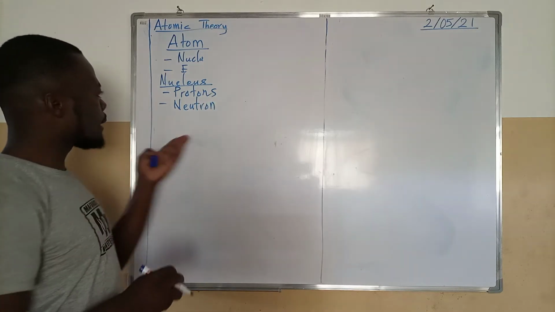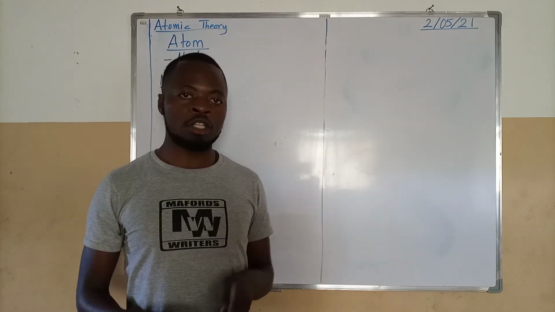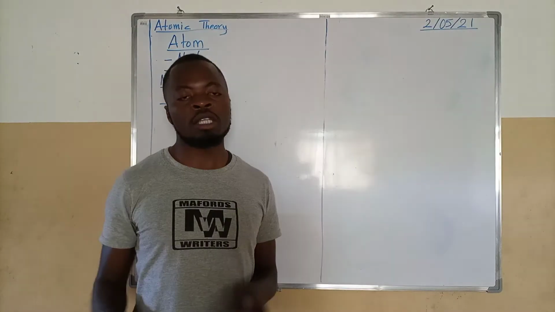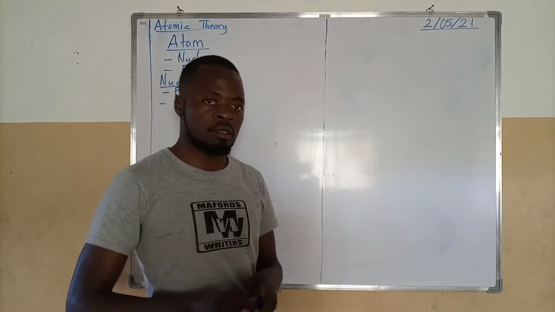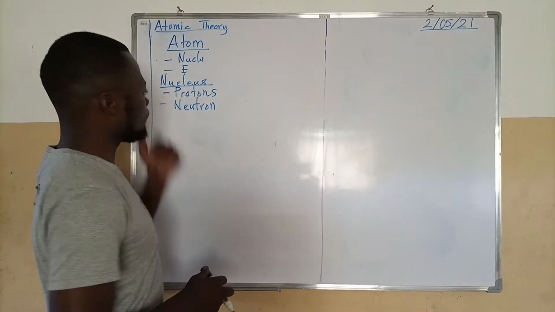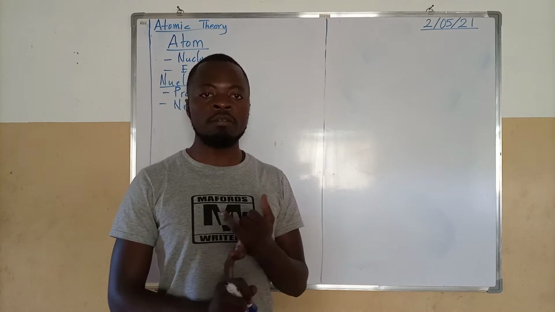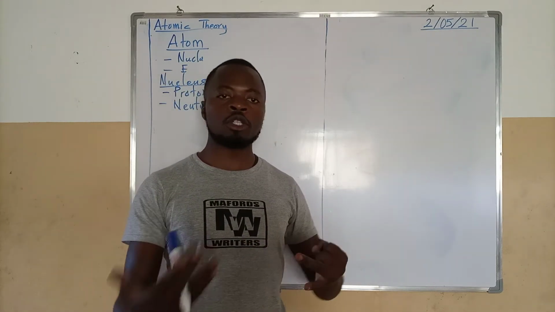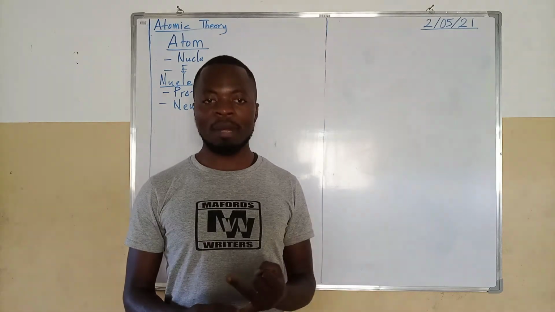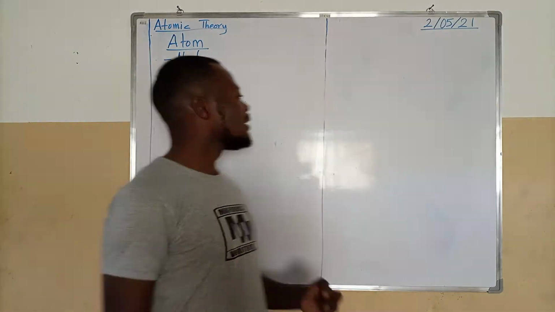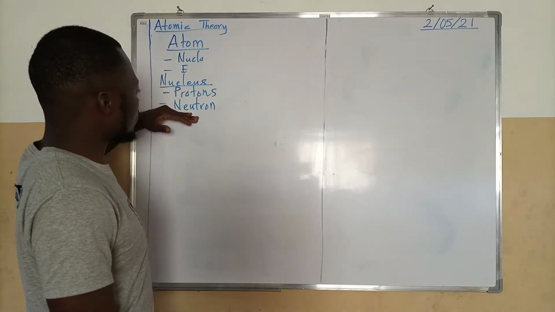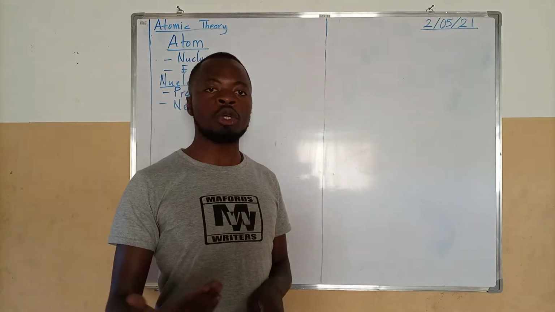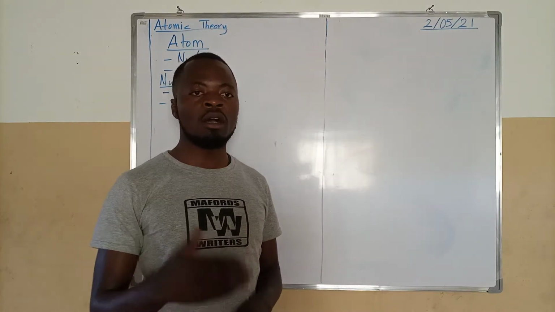So if we understand that, we can move on to discuss these subatomic particles which are found in the nucleus. Protons are simply positive subatomic particles of an atom. Now when we're looking at neutrons, from the word neutral, neutrons are simply neutral subatomic particles of an atom.